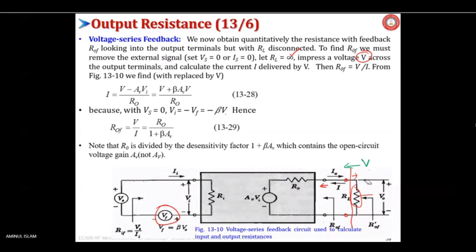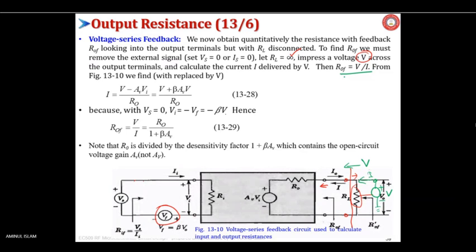The voltage source you are connecting in this way will be supplying some current also. That current is denoted by I. So output resistance will be what? Obviously, voltage by current. So output resistance with feedback is V by I.